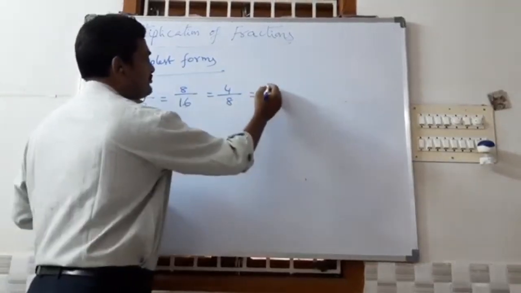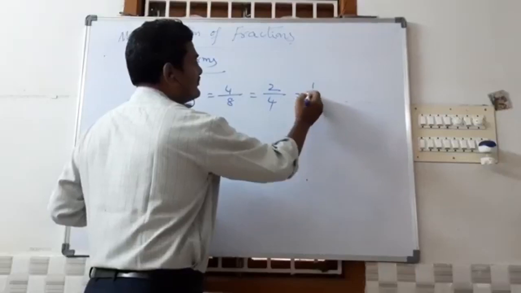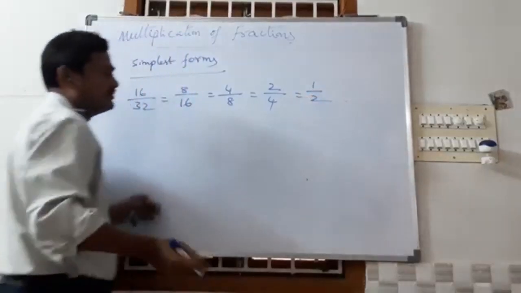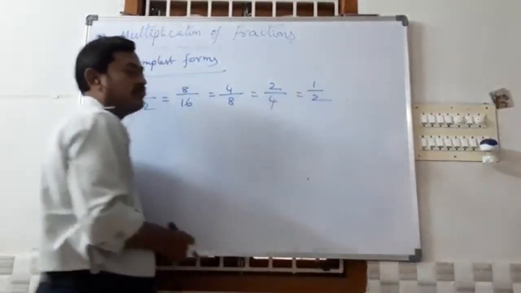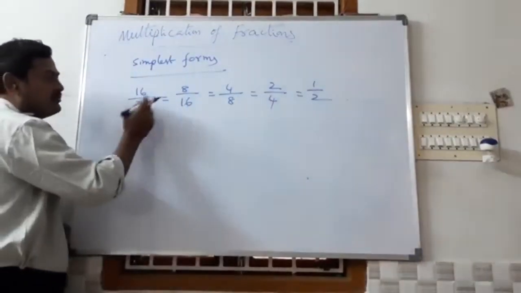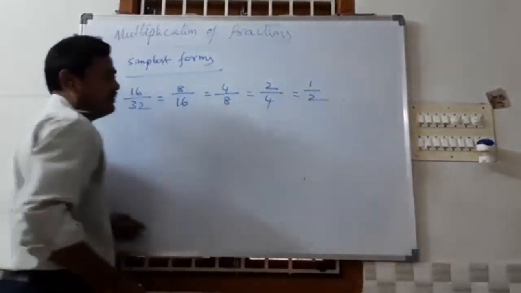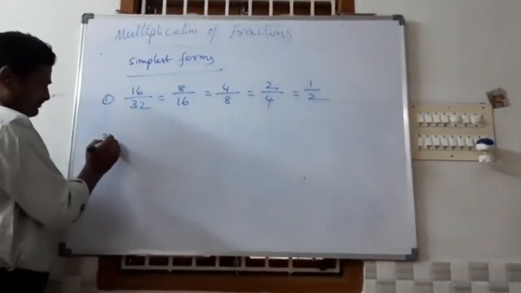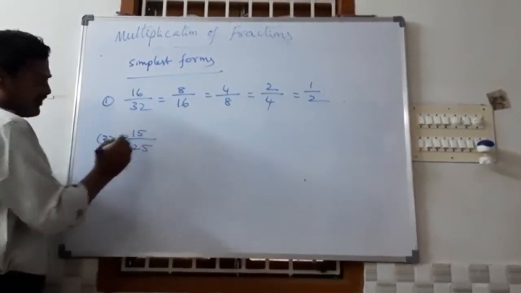Again 2 table: 2 2s, 2 4s. Again 2 table: 2 1s, 2 2s. So this is the simplest form and we cannot simplify this 1 by 2. So 16 by 32 is nothing but 1 by 2.